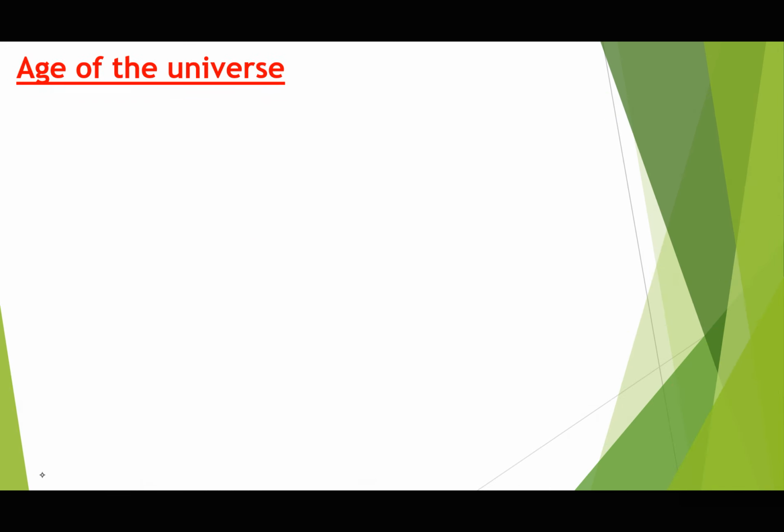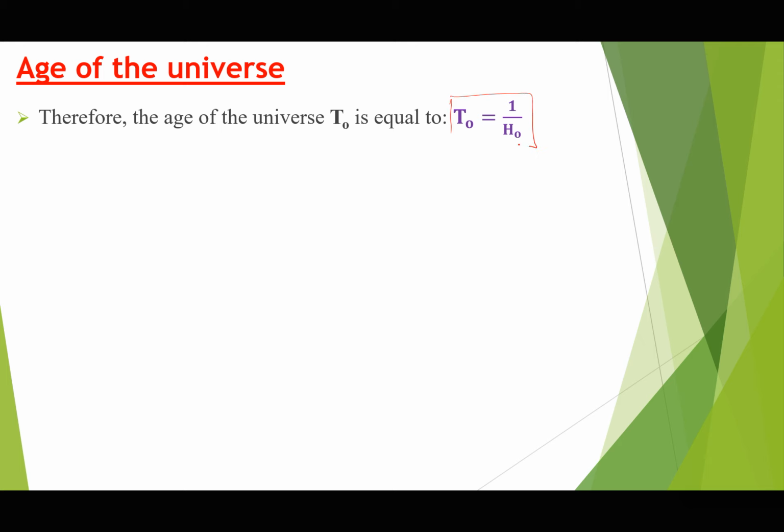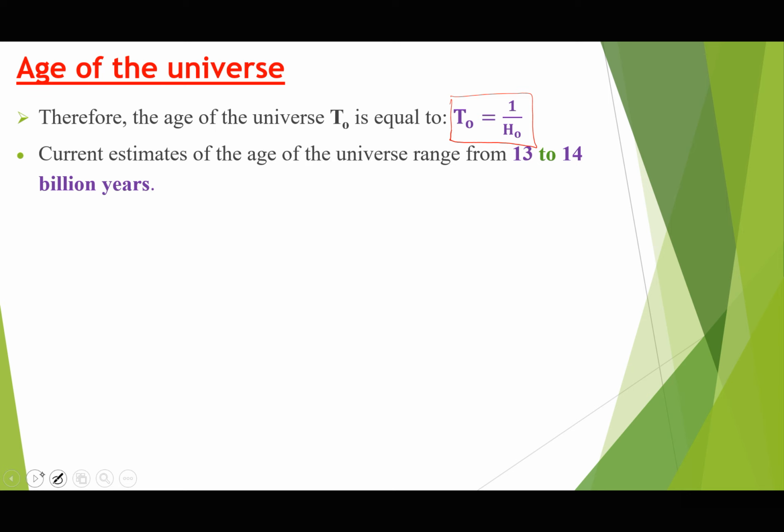So what we are saying is the age of the universe is actually the reciprocal of the Hubble's constant. The age of the universe is simply going to be the reciprocal of Hubble's constant. And of course, if we substitute the Hubble's constant, experiments or estimates give the age of the universe to be around 13 to 14 billion years.